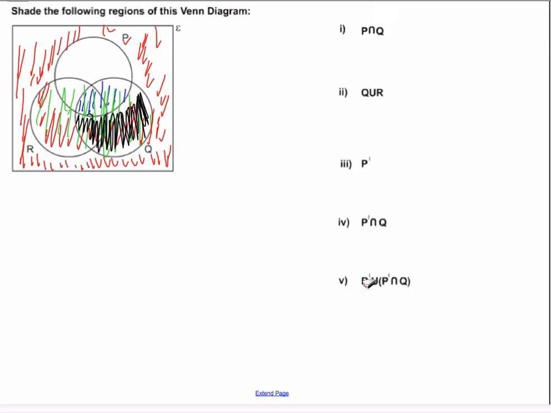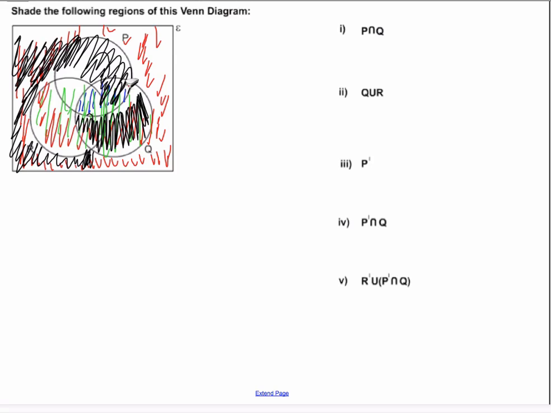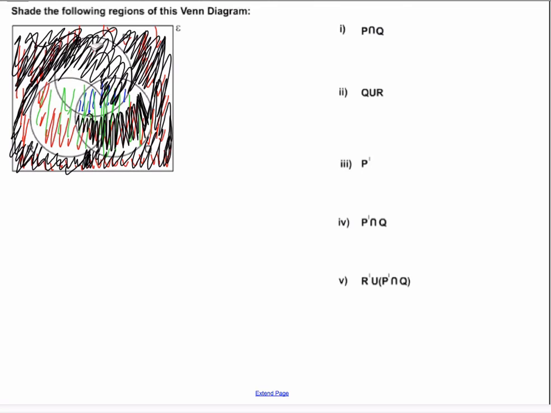Now union of not R, so everything that's not in R, I'm going to shade black as well. The last region is going to be the entire thing that's not in R, so I'm going to shade it all black here. It looks like all this, except for this region here.